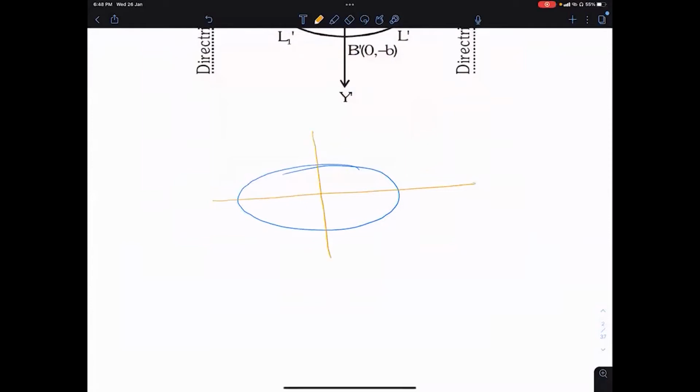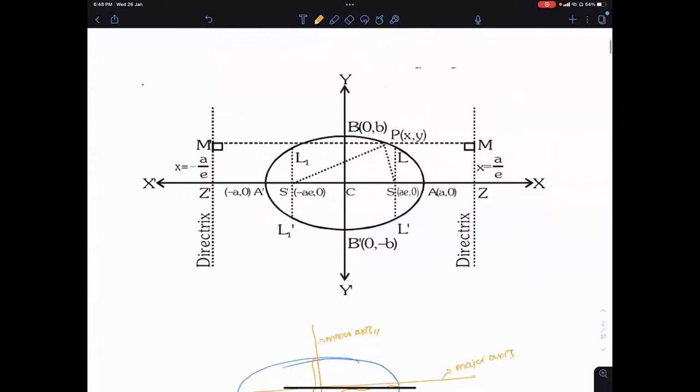The line which cuts the larger chord is called the major axis, and the one which cuts the smaller chord is called the minor axis. So overall, the structure is something like this. Here x-axis is the major axis, y-axis is the minor axis.